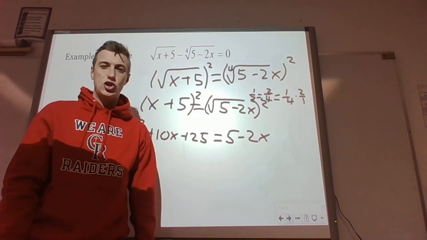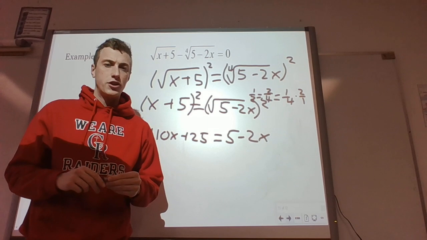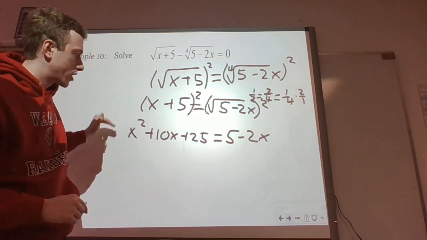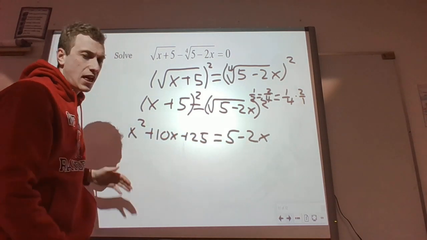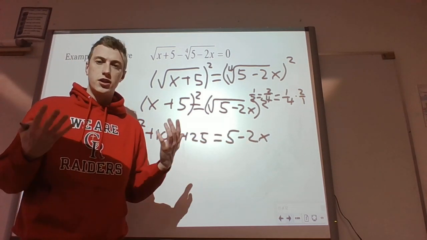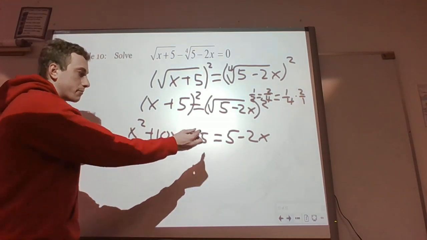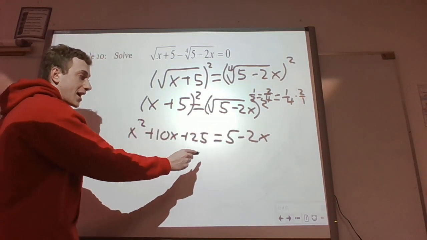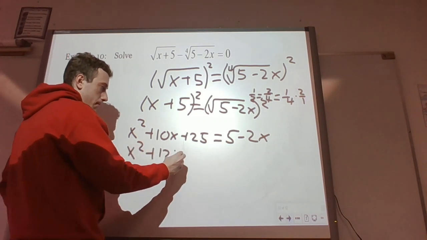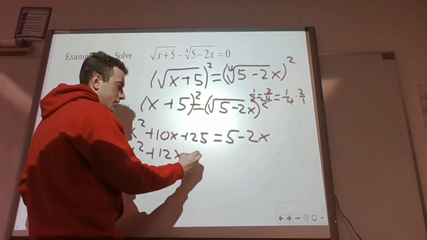That would have been a little bit trickier and possibly opening the doors for some mistakes. So I would recommend square both sides, square them again. Now we have a function that does not include any radicals, just a simple quadratic function that we know how to solve. We can solve it by adding 2x to both sides and subtracting 5 from both sides.